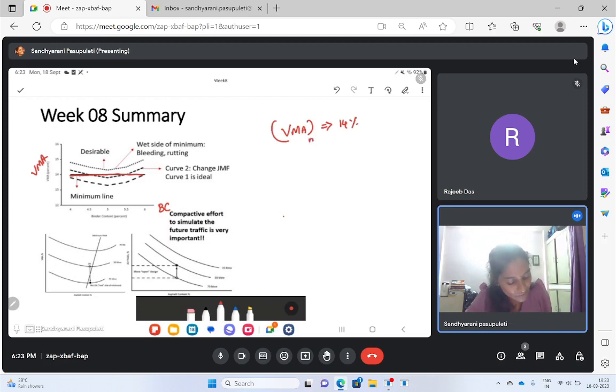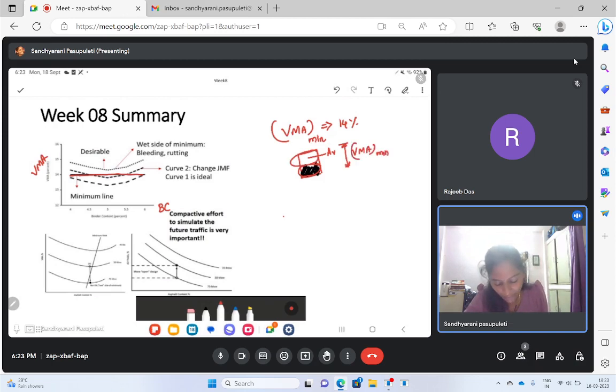When I say minimum VMA is required, that means minimum gaps or spaces are required so that I can place some amount of bitumen, and I can also have some amount of air voids. In order to accommodate this bitumen and a few air voids, I should have this VMA minimum.